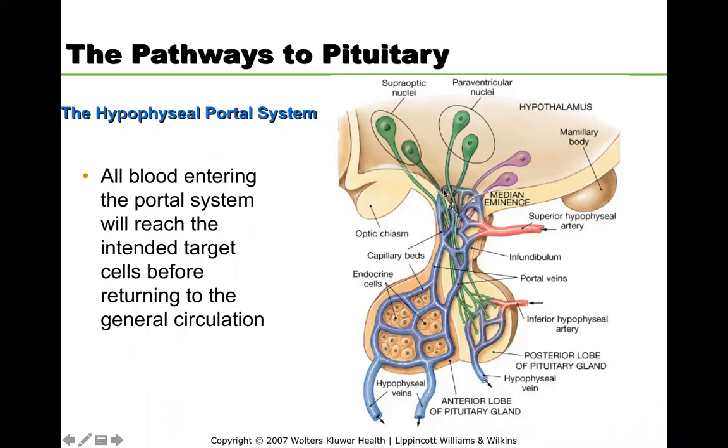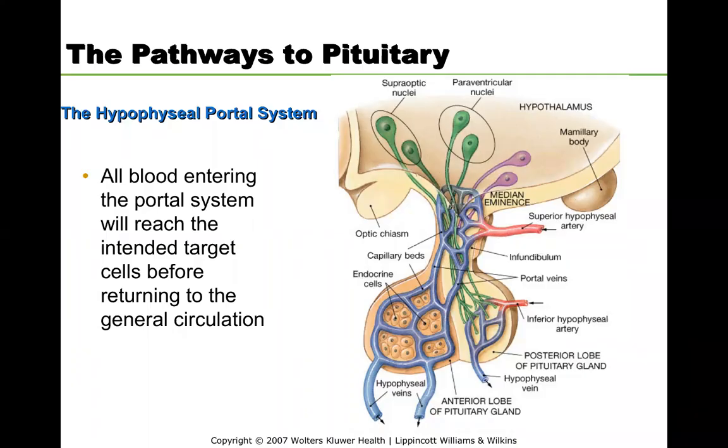Blood vessels that link two capillary networks, in this case you can see this is one capillary network and this is another, since these two capillary networks are connected, are known as portal vessels. In this case, they are veins, so they can also be called portal veins.